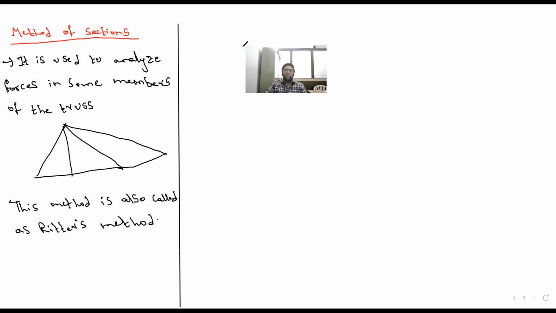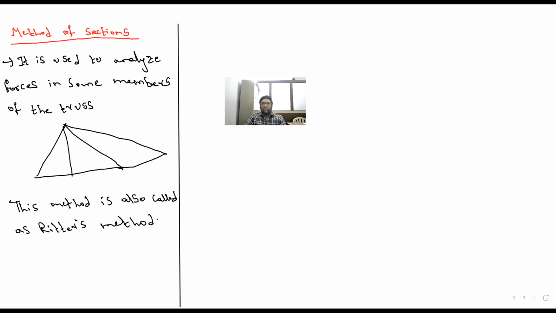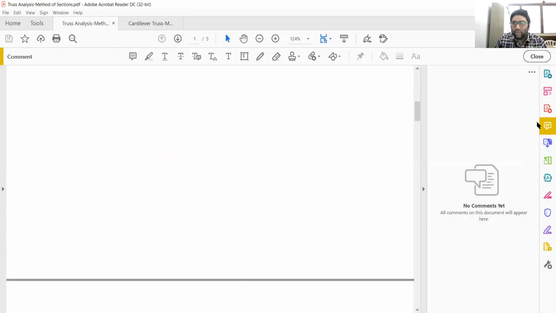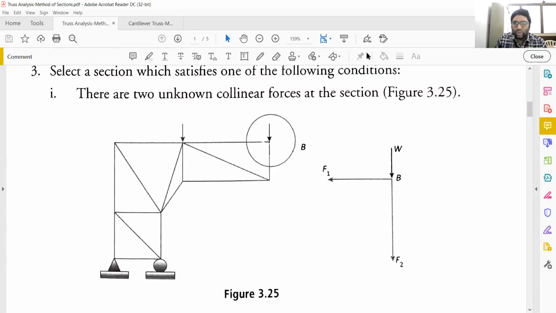Now I will show you the screen to make you understand how the truss analysis is done for different cases. Just the procedure concept, not the complete thing. The portion where we can solve the truss should satisfy the following criteria.